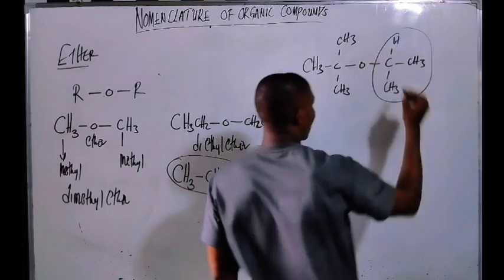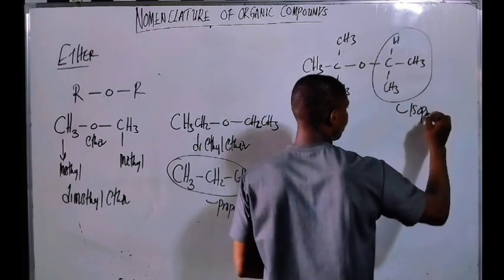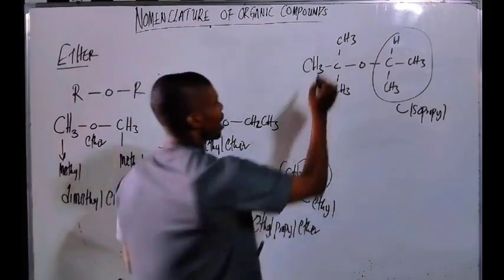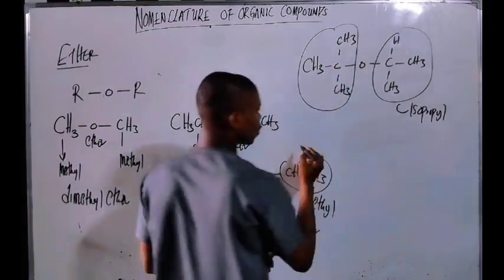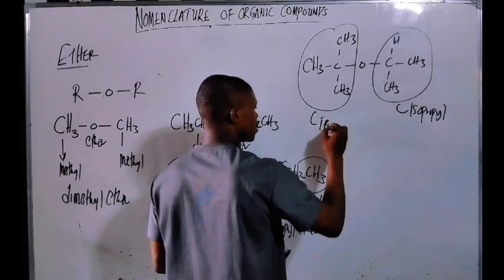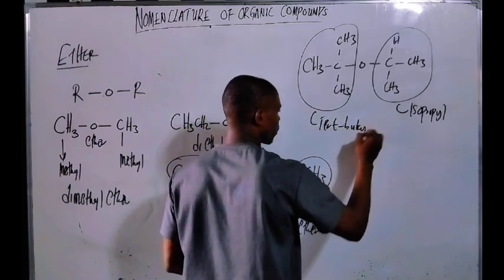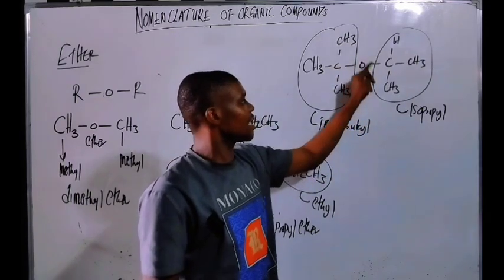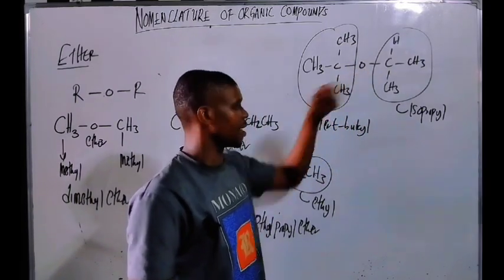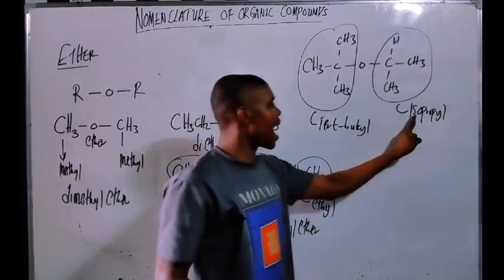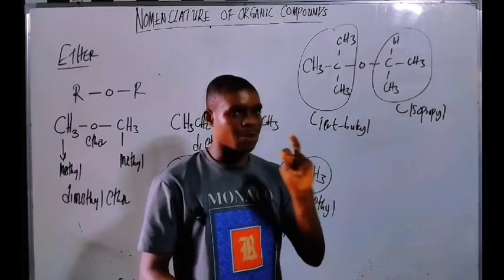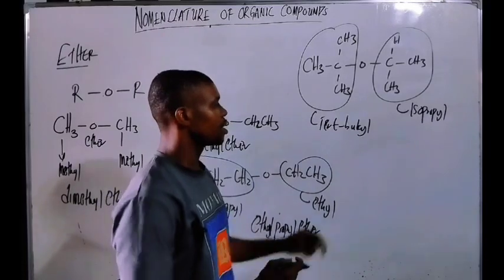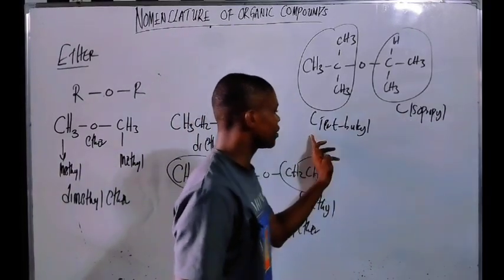Here it's called isopropyl, and here we have tert-butyl, and these two alkyl groups are attached to this oxygen. Isopropyl comes before tert-butyl in alphabetical order, so it's going to be isopropyl tert-butyl ether.